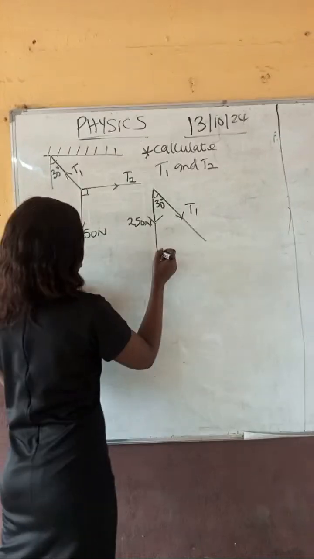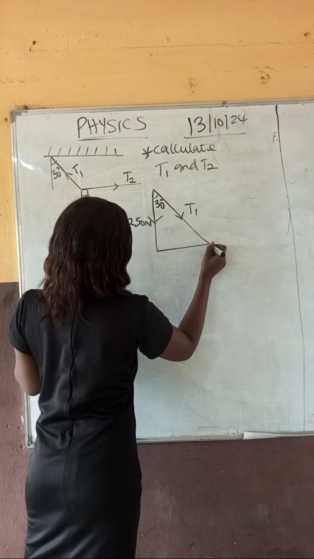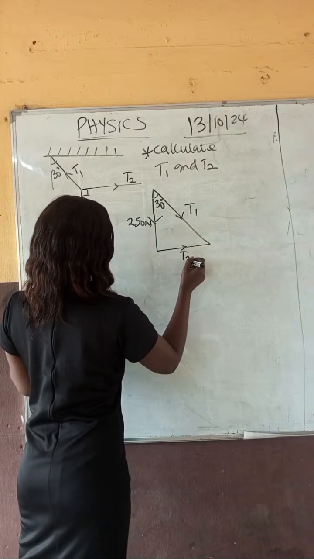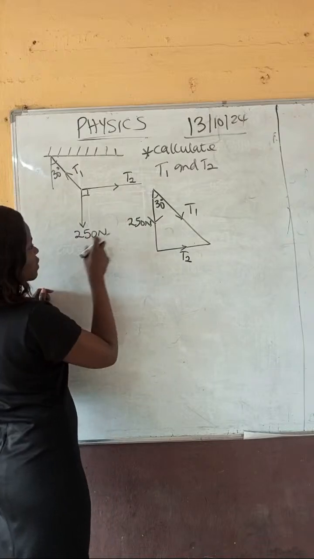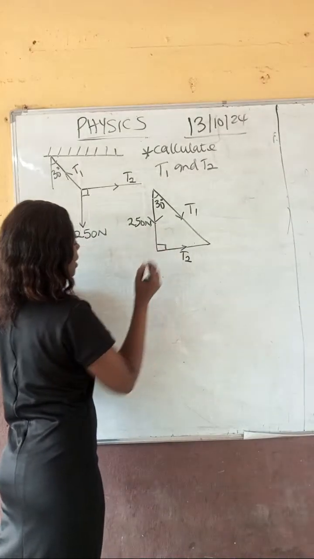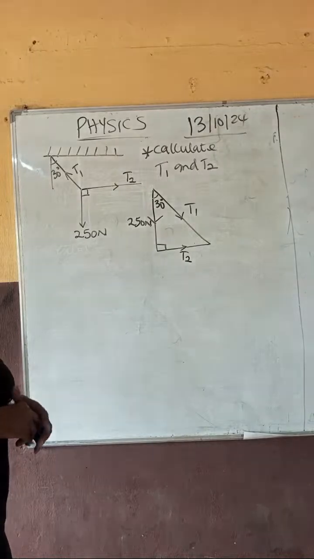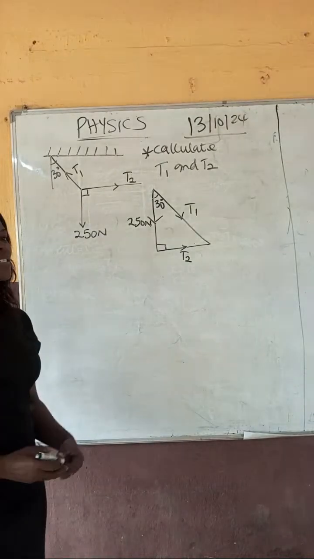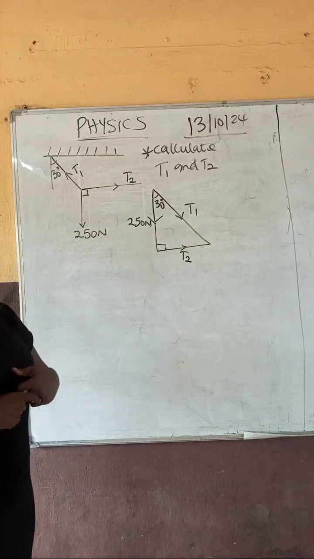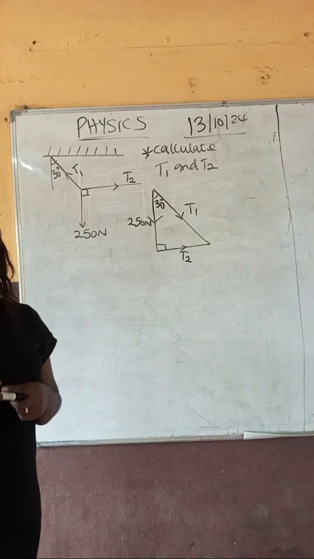So my T2 comes this way. This is T2. And the angle between T2 and 250 Newton is what? 90. We have formed our triangle. Do you understand? All right. Since we have formed our triangle, the next thing we are going to do is to find the unknown.